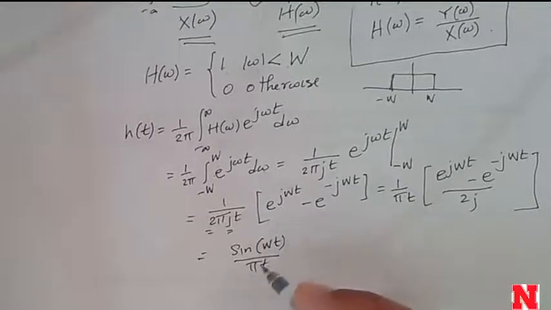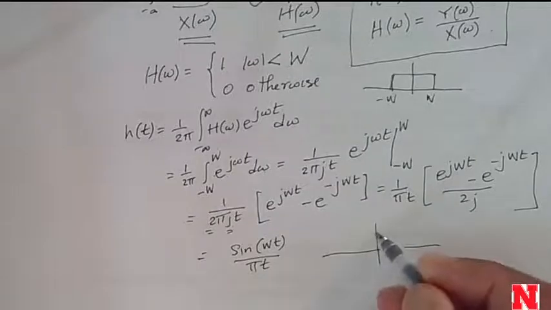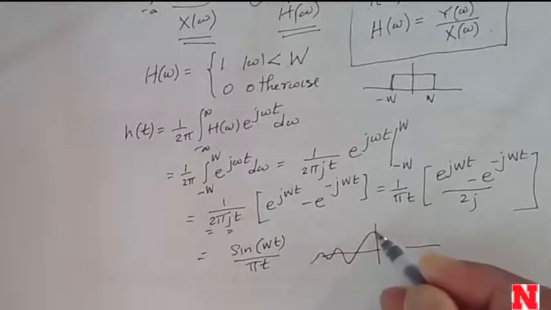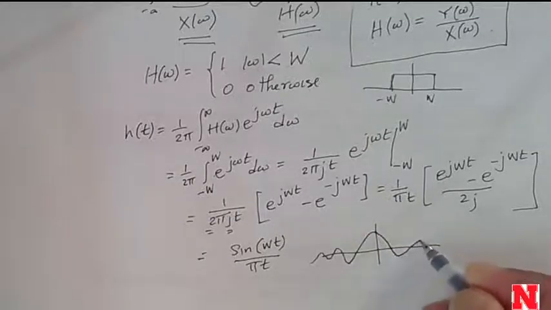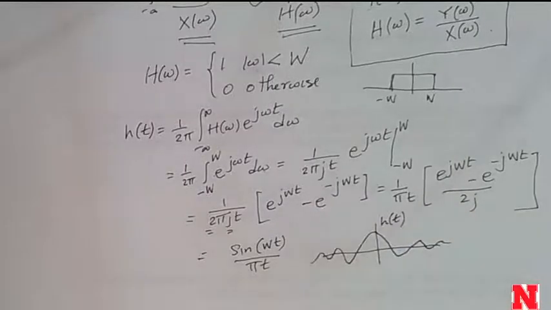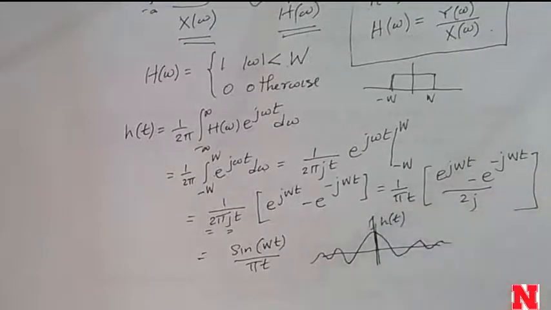This is a form we've seen before. And so if we plot this out, we'll get this very familiar form. By the way, this thing is often called a sinc function. So we'll get this nice sinc function. Okay, everything's peachy up to here, except now notice that this is the impulse response, right? The impulse is occurring at this point, and this is the filter responding to the impulse occurring at this point.